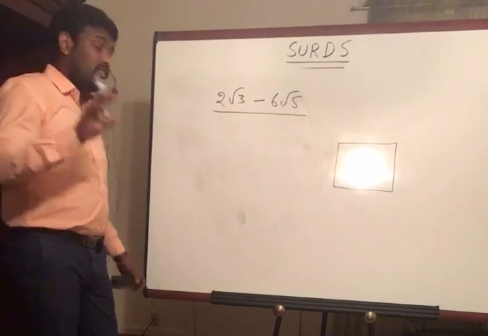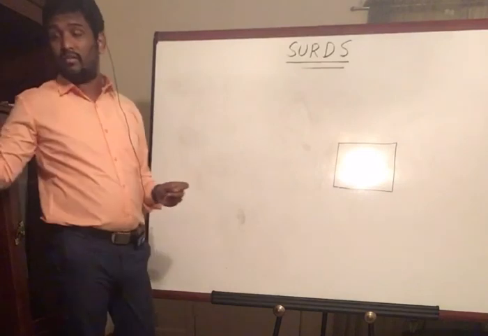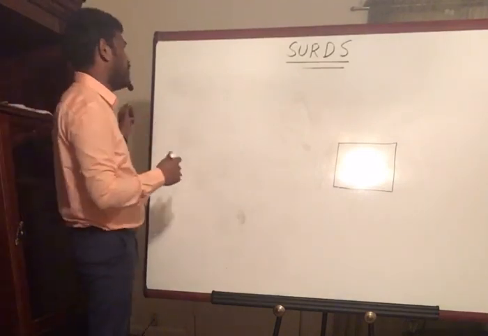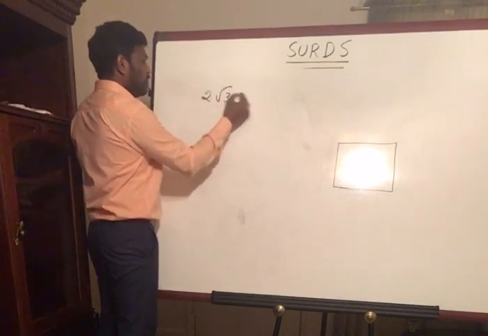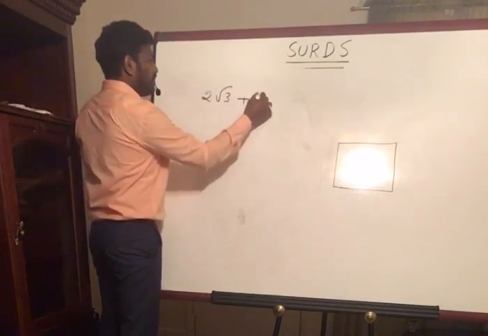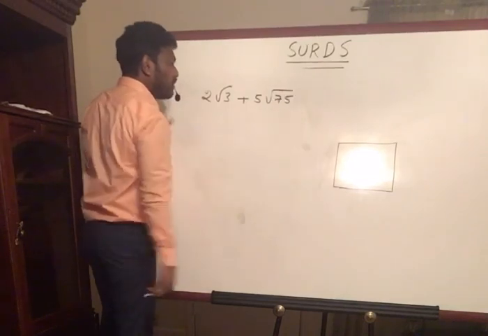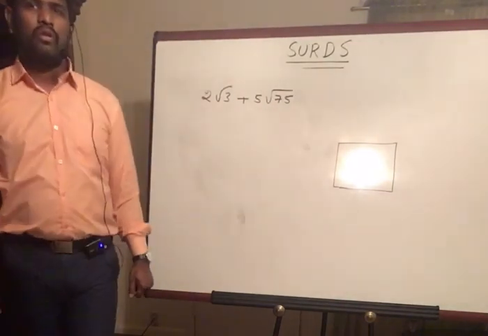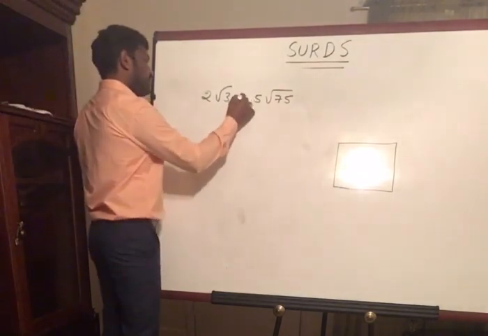Now, there is a chance that they can be simplified if they can be converted into similar surds. See an example: 2 root 3 plus 5 root 75. Whether they can be added or not, that is the question.